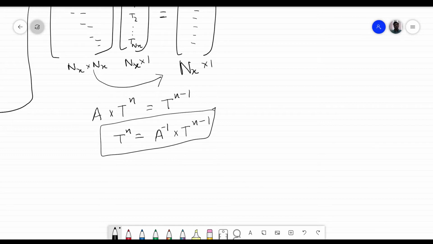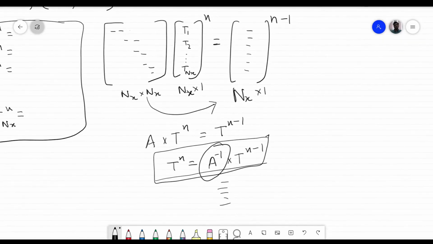but computationally finding an inverse is a very difficult task. Although you get the answer explicitly, as you can see here, you can express Tn as equal to A inverse times Tn minus 1, but it is computationally very expensive. That is, it takes a lot of steps computationally and memory to calculate A inverse, to calculate inverse of a big matrix.